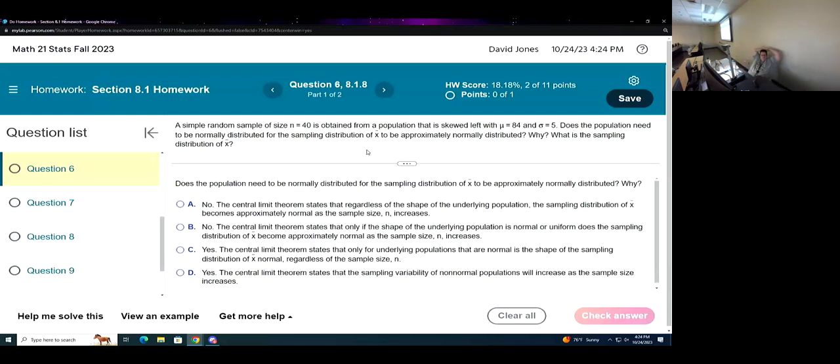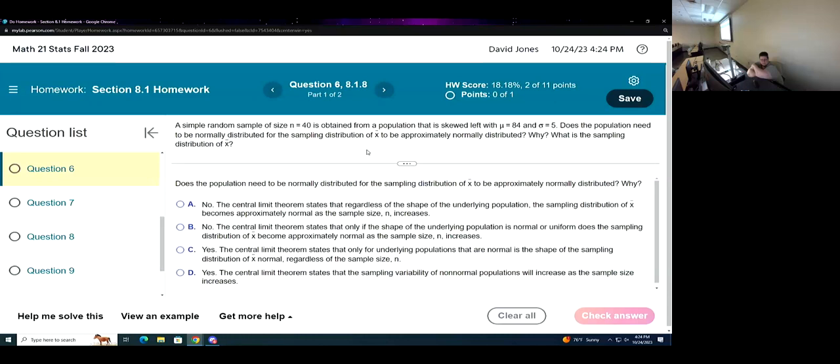So we got some options here. A says no, the central limit theorem states that regardless of the shape of the underlying population, the sampling distribution of X bar becomes approximately normal as the sample size n increases. That sentence is true. B says the central limit theorem states that only if the shape of the underlying population is normal or uniform. That's not true. It can be skewed left or skewed right. So that's false. Any underlying population.